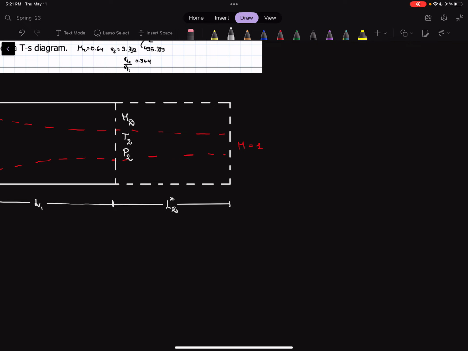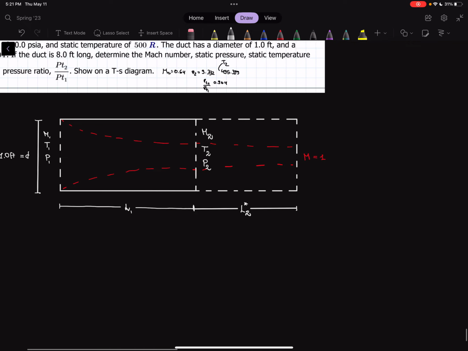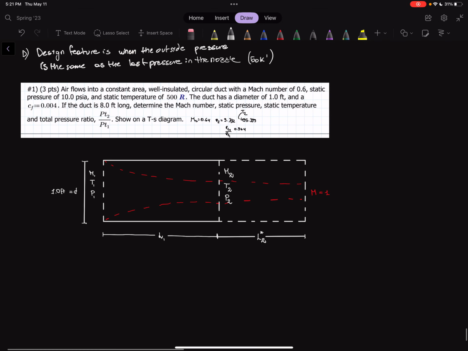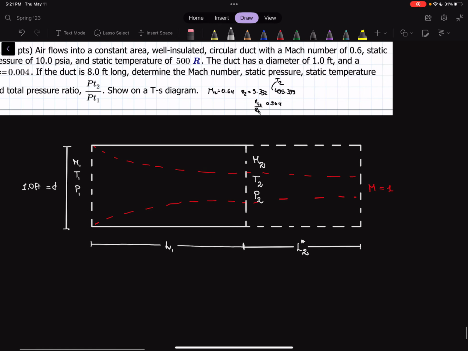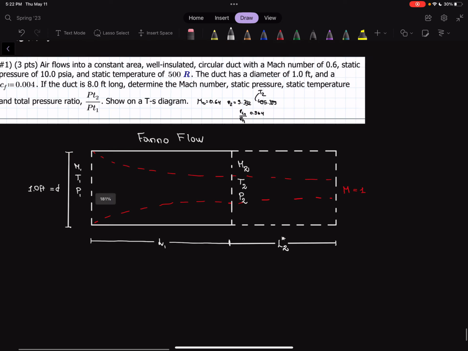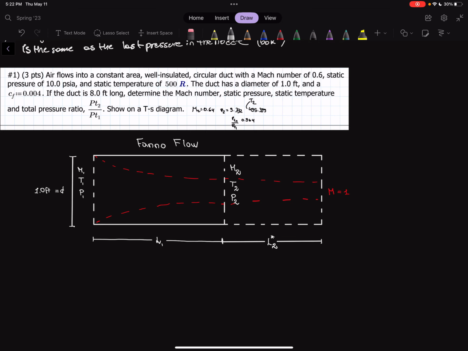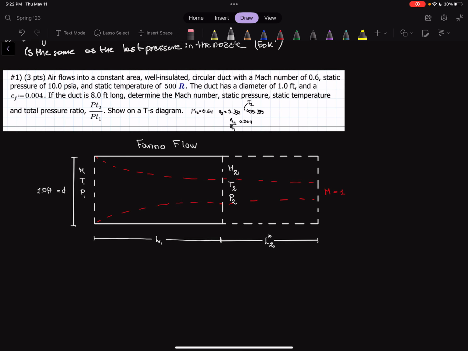It's the length that you need to add to get a Mach of 1. We are talking about a Fanno flow. Why is it a Fanno flow? Well, because they gave us a coefficient of friction, and friction is related to Fanno flow if we assume it's adiabatic.